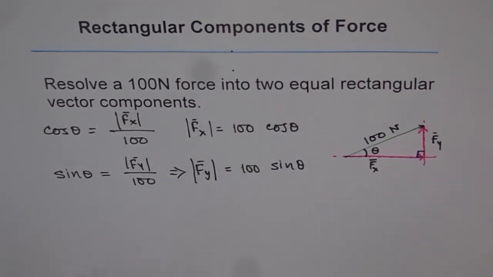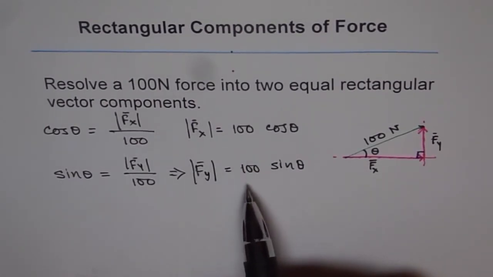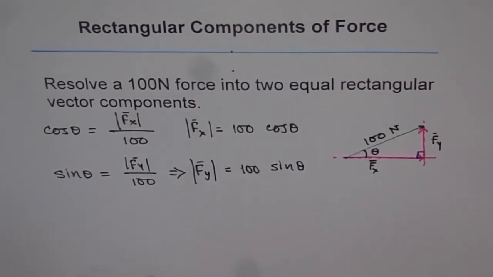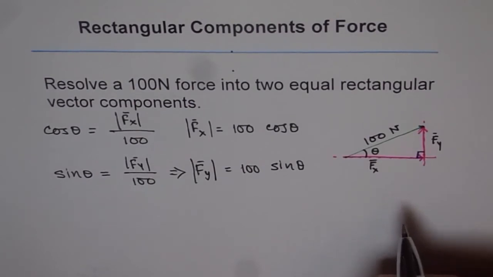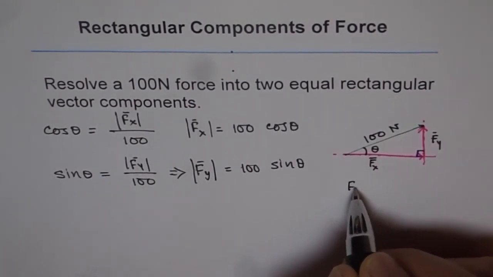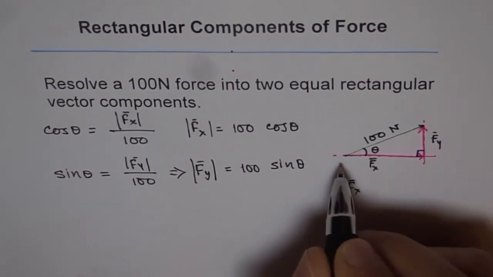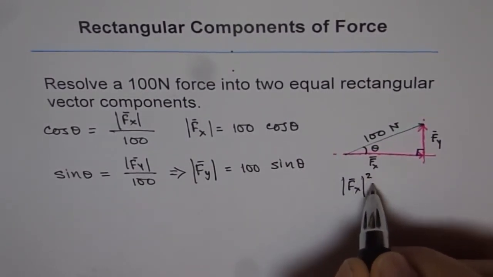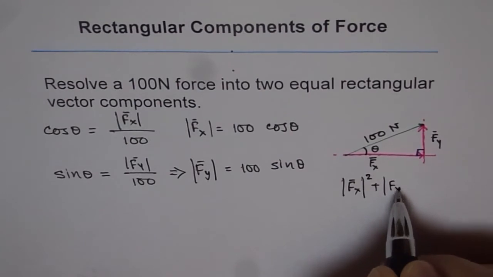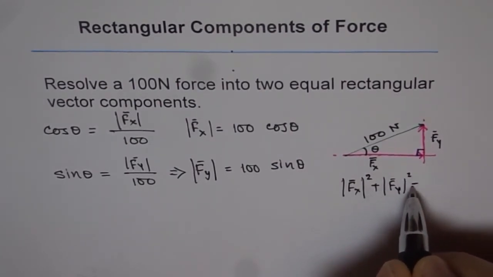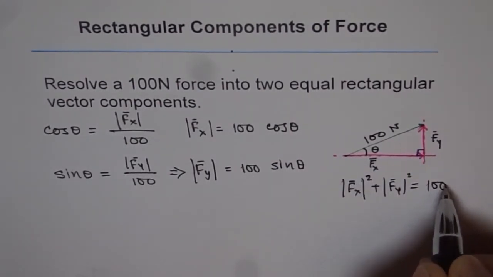So that is the geometric approach to this. Now the other thing is, we can use Pythagorean theorem, that is Fx, which is the horizontal component square, plus Fy magnitude along the vertical square is equal to 100 square.